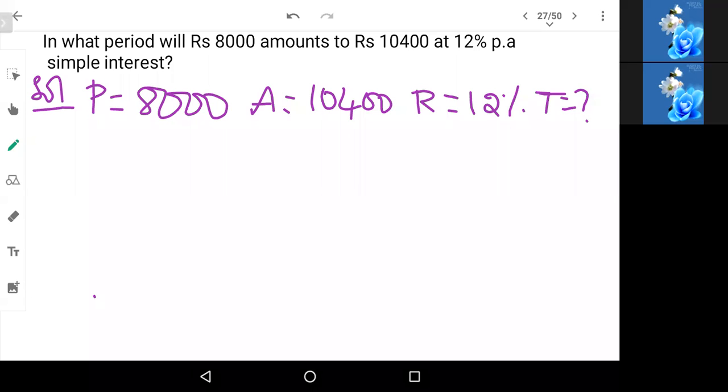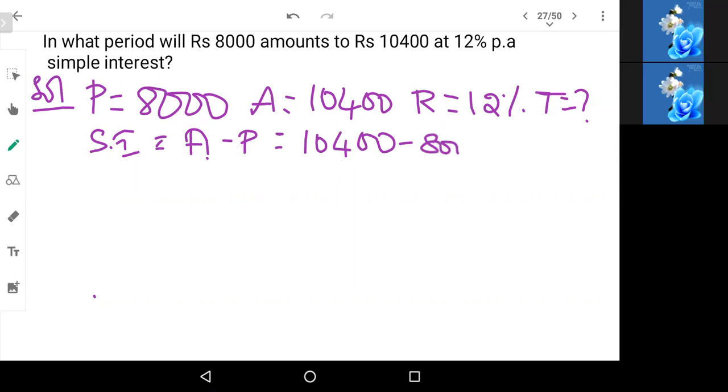What is the simple interest value? How much do you get? 10,400 minus 8,000. 2,400 should be the simple interest value.